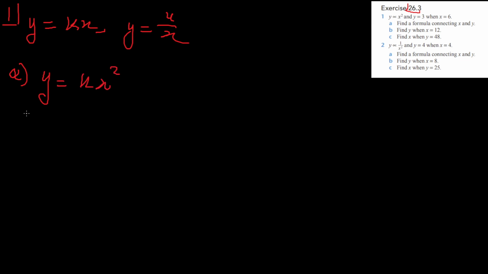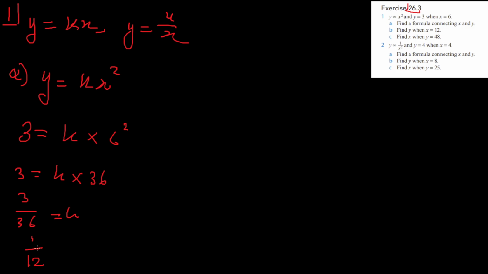Let's just list down: 3 equals k times 6 squared. So k times 36, 3 equals 36k, and if we simplify this, we get k equals 1 by 12. So our formula is going to be y equals 1 by 12 x squared.